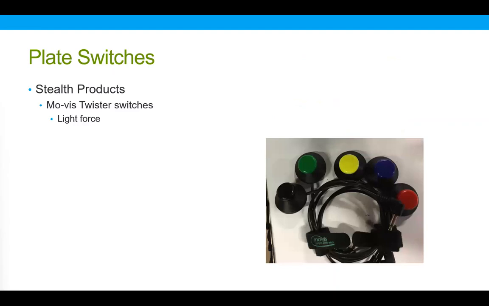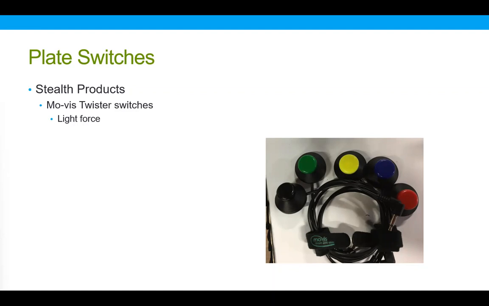A newer switch that's available on the market is from a company called Movis, and Movis is out of Belgium, and it's distributed in the United States by Stealth Products, and it's called the Twister switch. Originally, this was only available in combination with some power wheelchair driving methods, but they did come out with some separate switches.